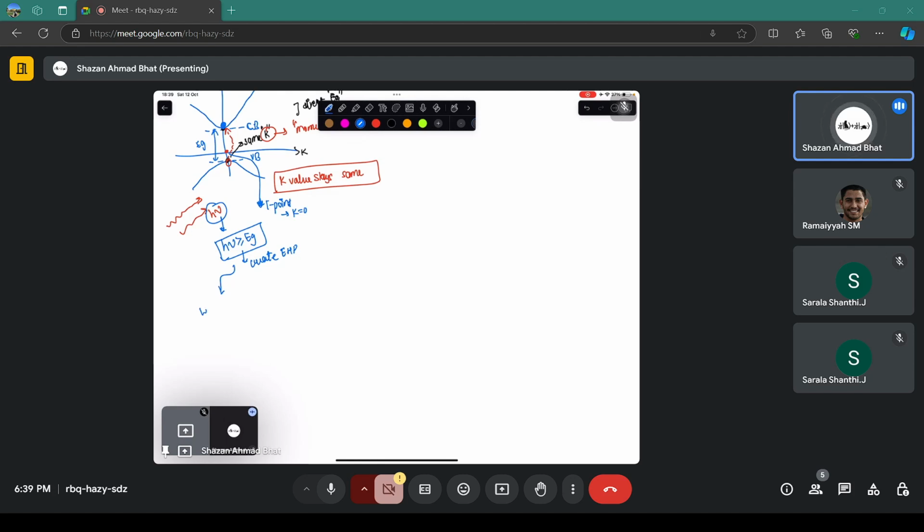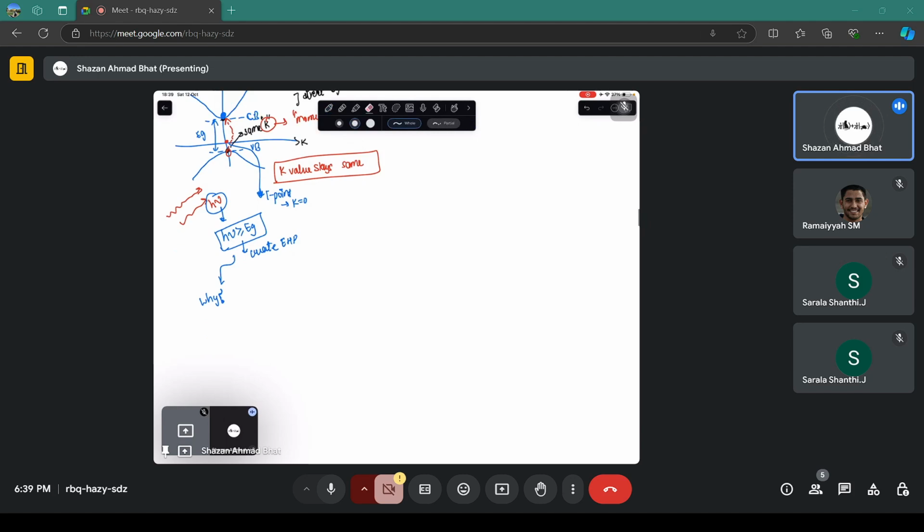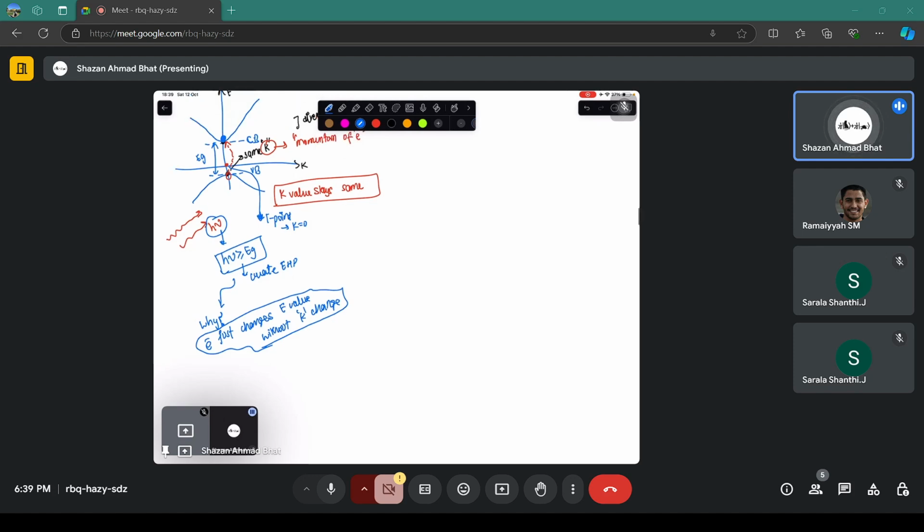Why? Because the electron can now just increase in energy. It does not have to change its momentum. It just changes the E value without changing the K value, and it becomes easy for the electron to make this transition.